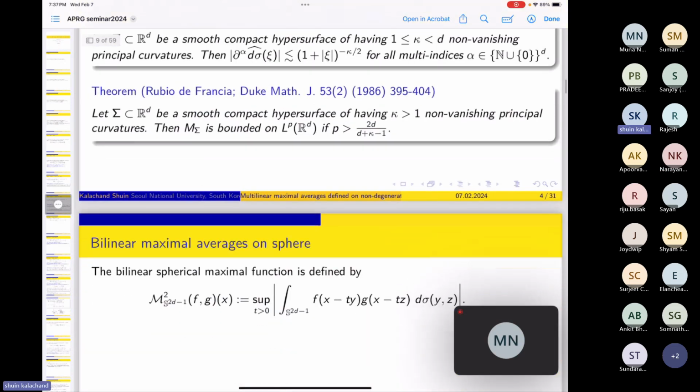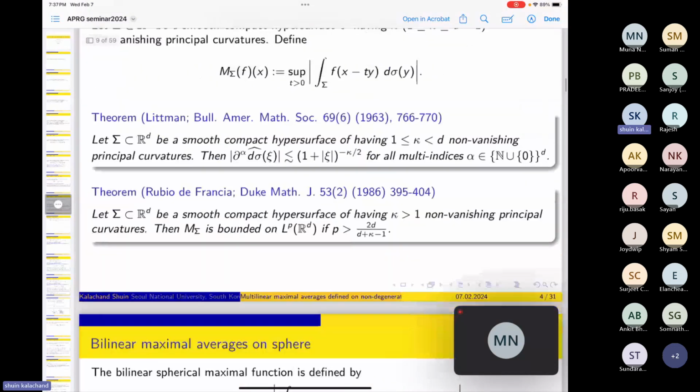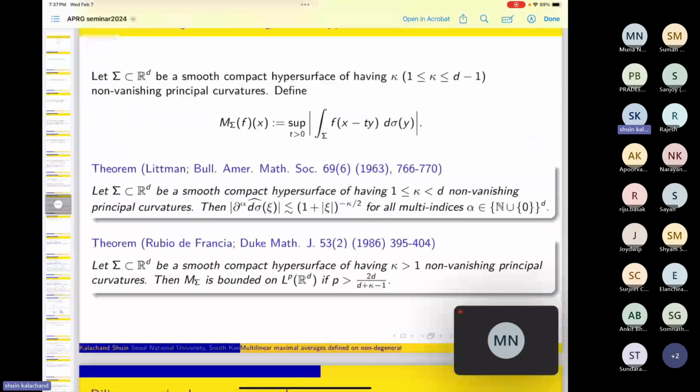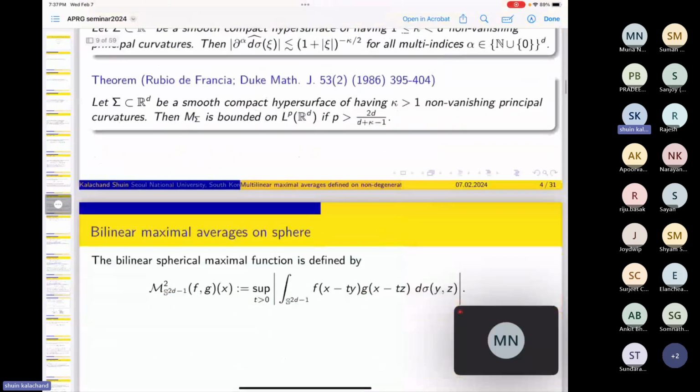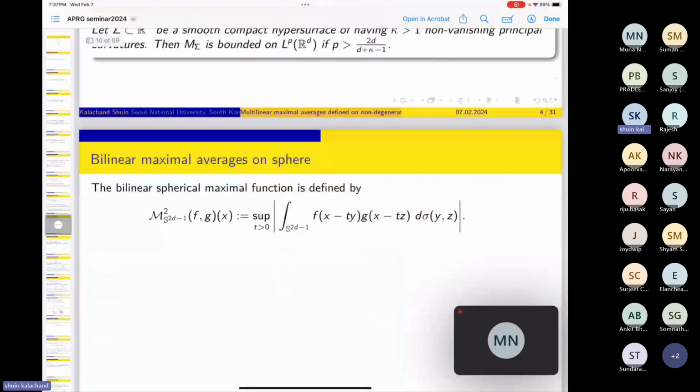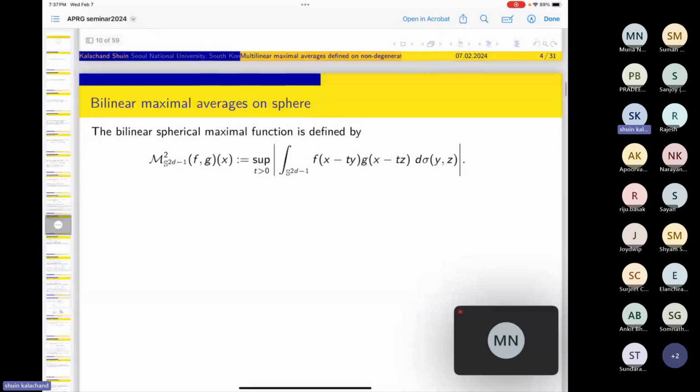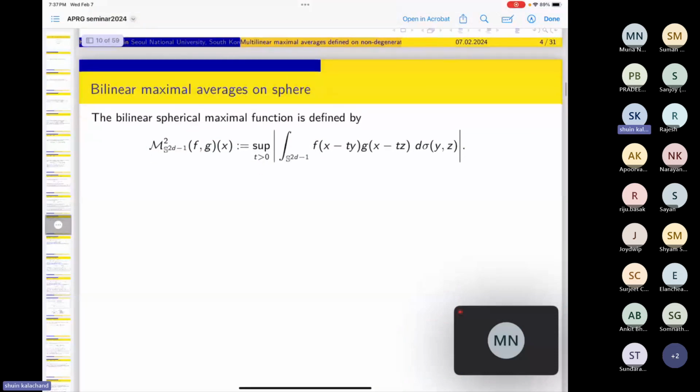Okay, so this is about linear maximal functions. Now we will move to the bilinear and later multilinear analogs of maximal functions. The bilinear spherical average on the sphere is defined by this definition, and we take the supremum over all these averages.